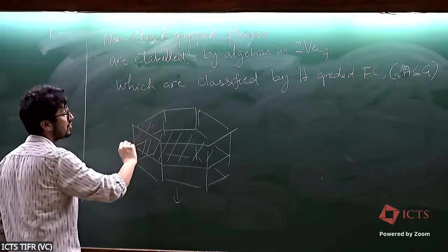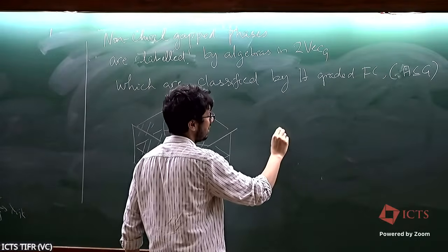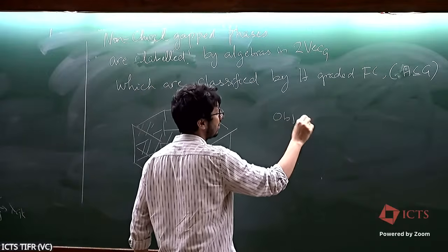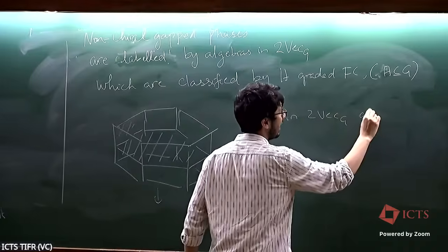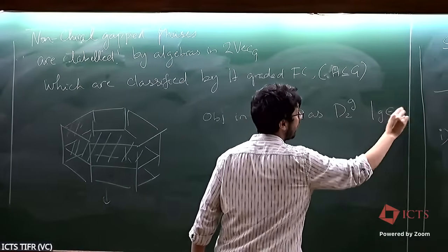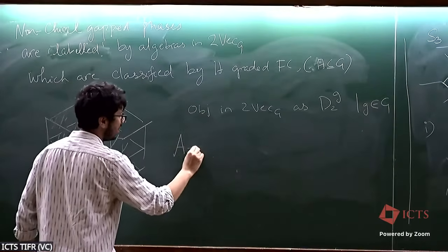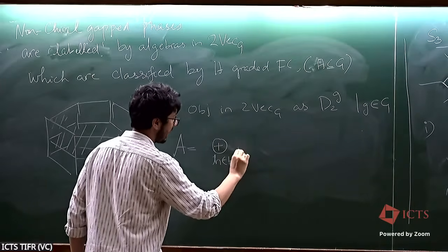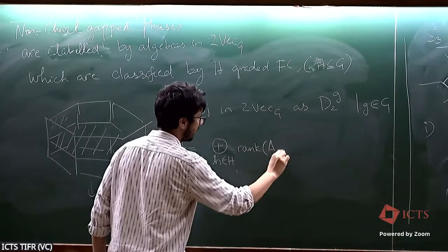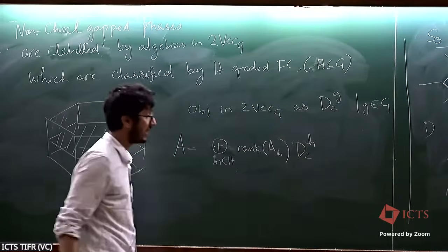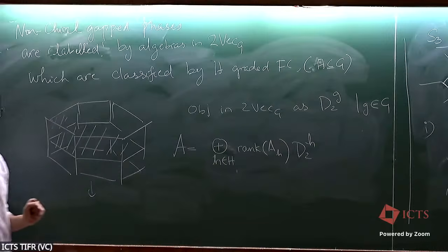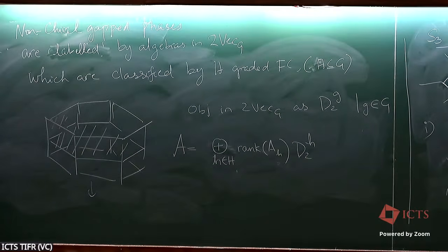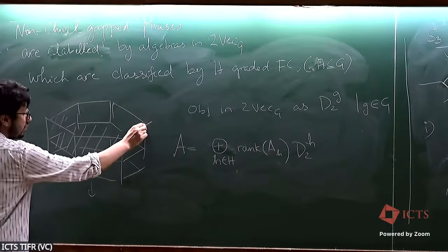And so the objects in 2Vec G, let me label them as D2g for all group elements g in G. So in general, this algebra A has a direct sum over h in H. You take the object corresponding to the group element h, and take as many copies of it as the rank of that grade in this fusion category. And then you impose some fusion, you impose one-morphisms.